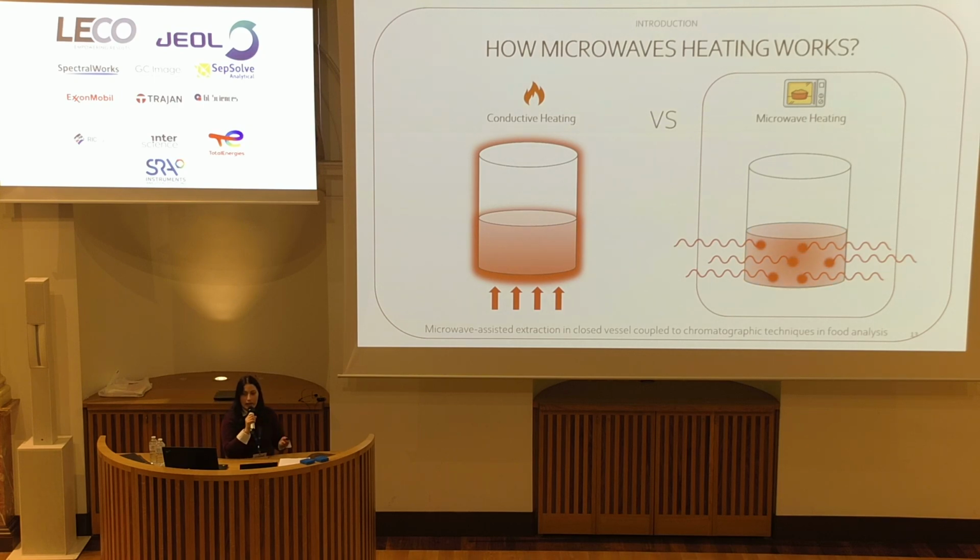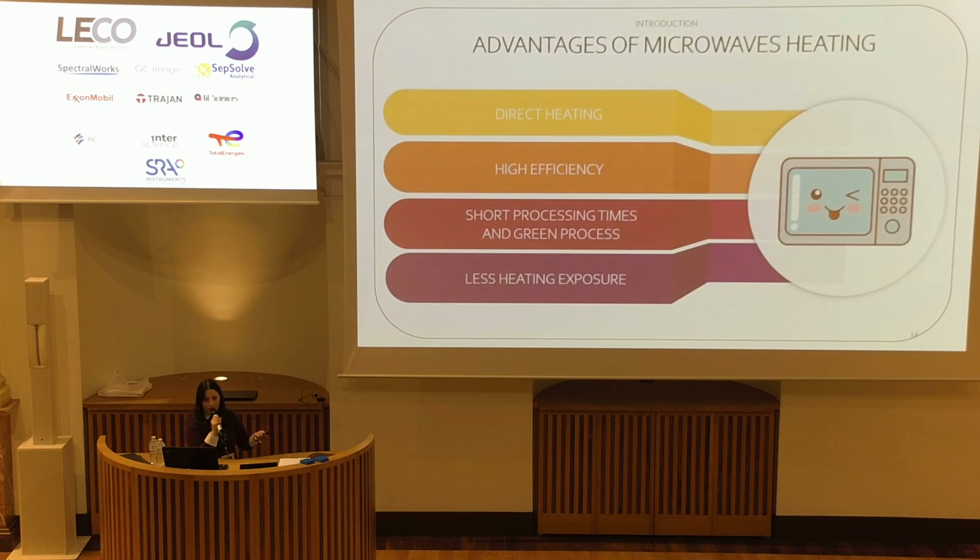So you can understand this is heating that comes from the inside, and so for the advantages of microwave heating, we can cite direct heating, so it's also high efficiency, short processing time, and also a green process, and we also have less heating exposure that also translates into more security for the users.